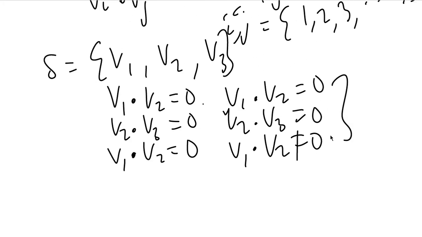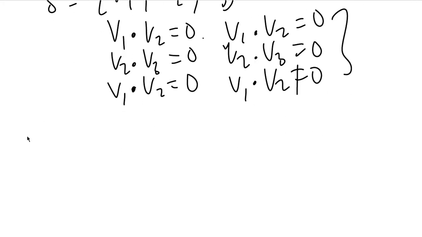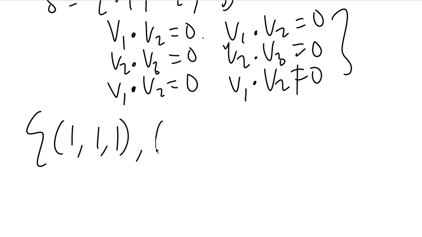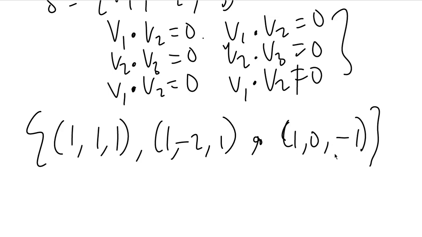So let me give an example. Let's say we have this set: (1, 1, 1), (1, -2, 1), and lastly (1, 0, -1). The question is, is this set orthogonal or not?